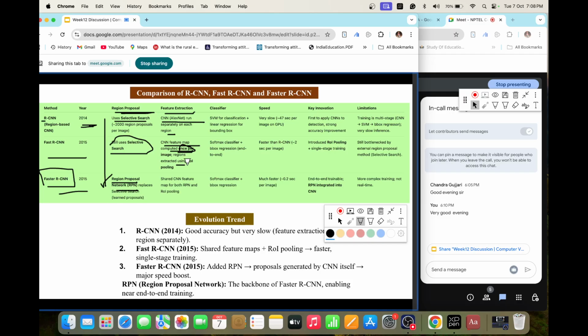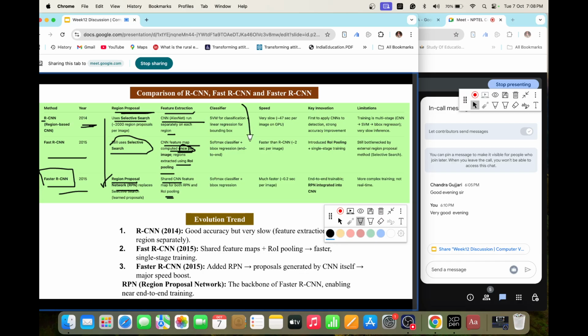Regions are extracted using ROI pooling, where ROI is region of interest. Then for Faster RCNN, feature extraction uses the CNN feature map with both RPN, the region proposal network, and ROI pooling.